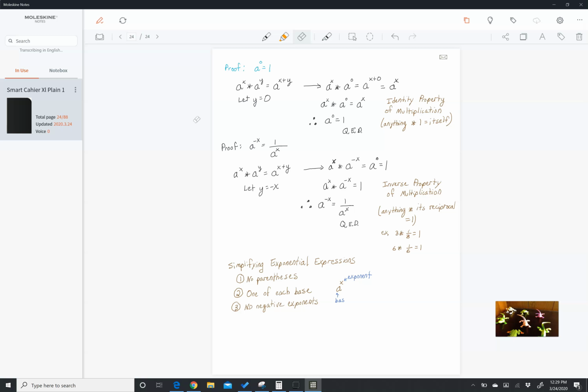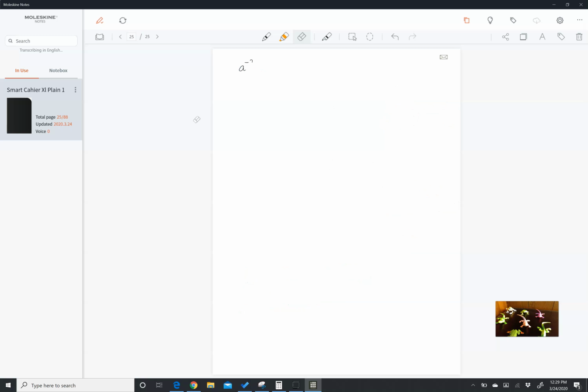So suppose that we have a to the negative 2, b squared, and let's raise this to the 5th power. So if we do this, we know that we're multiplying inside of here. And when we multiply, we're allowed to distribute our exponent. So that's what we're going to do. We're going to distribute this exponent. So this becomes a to the negative 10, b to the positive 10.